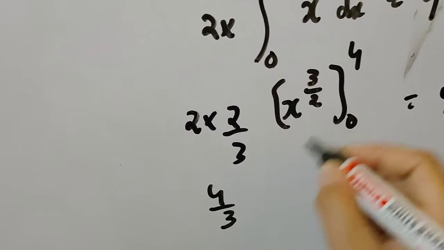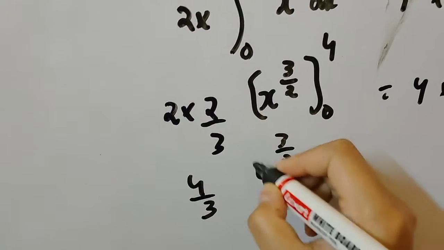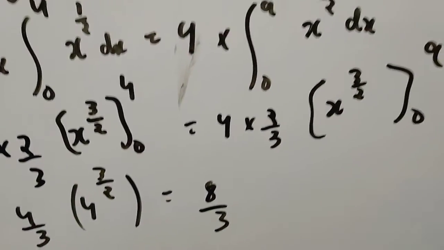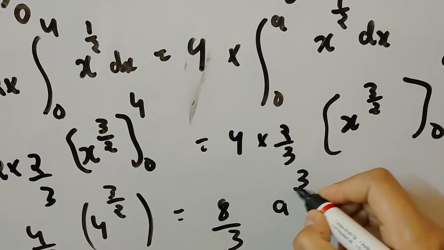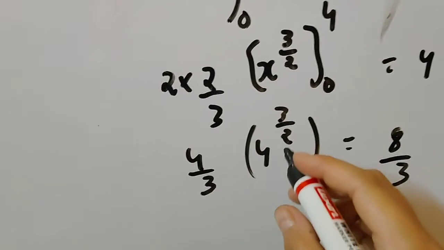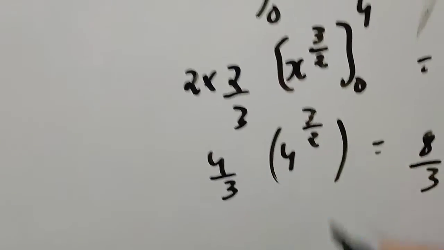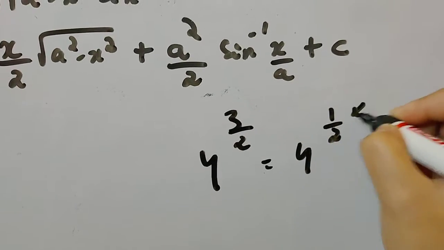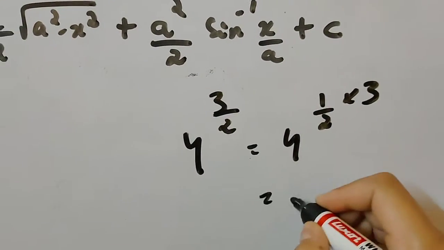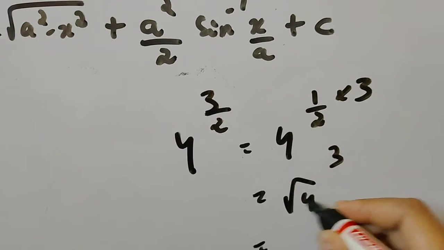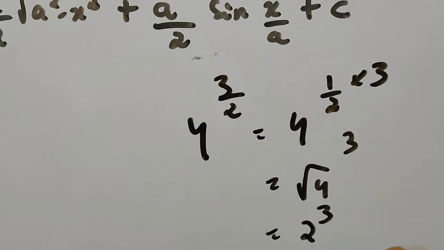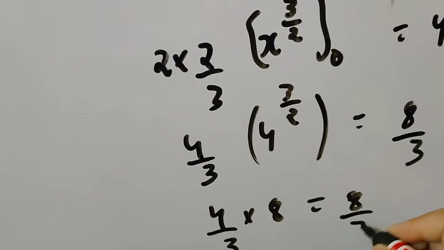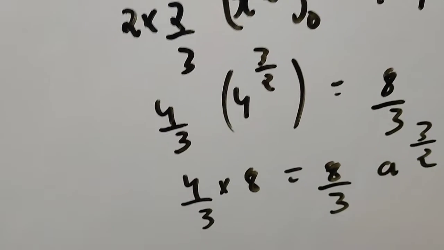Now 4 by 3, then 4 to the 3 by 2, equal to 2 fours are 8 by 3, and then a to the 3 by 2. You can write 4 to the 3 by 2 as 4 to the half, into 3. 4 to the half means root of 4 to the power 3. Root of 4 is 2, to the power 3, so it is 8. So 4 by 3 into 8 equals 8 by 3, a to the 3 by 2.